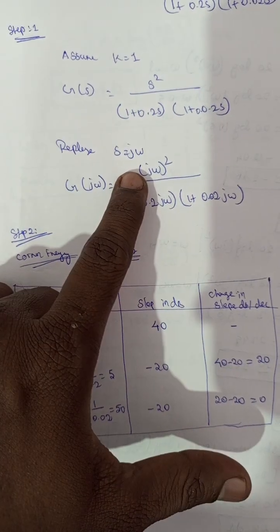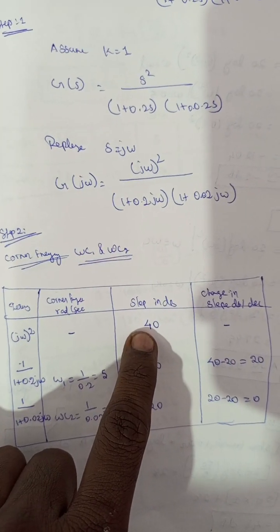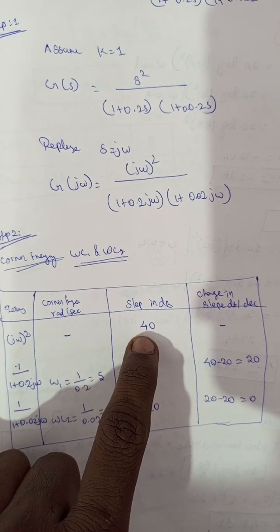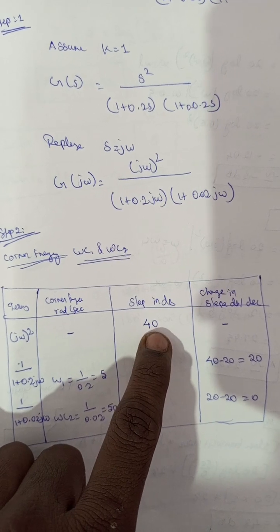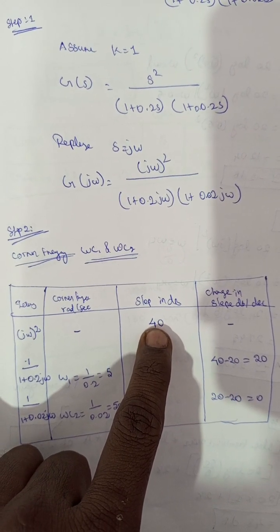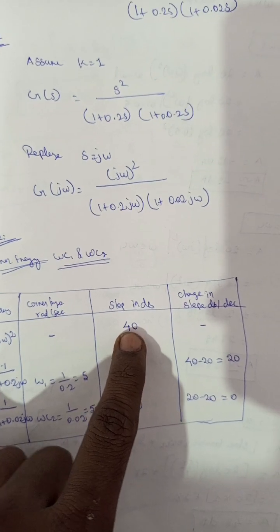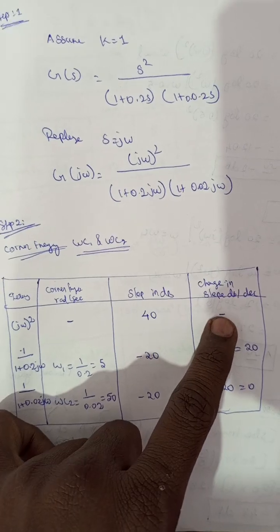Since it is a square, it has 2 jω, so the slope is plus 40. And since it is the starting slope, there is no change in slope, so we are leaving it blank.